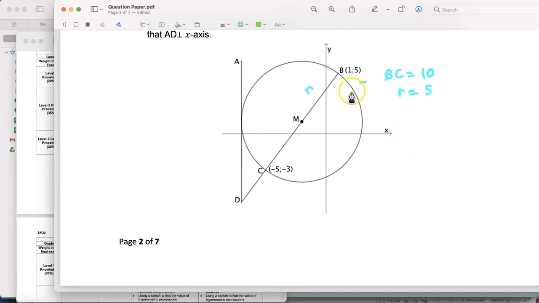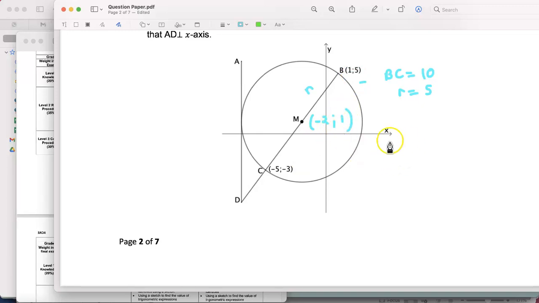Then I just needed the center point. The center point is just the average of x and the average of y. So for x, it is -5 plus 1, which is -4, and the average, divided by 2, is -2. For y, the average between 5 and -3: add them together, divide by 2. So that's 5 minus 3, which is 2, divided by 2 is 1.